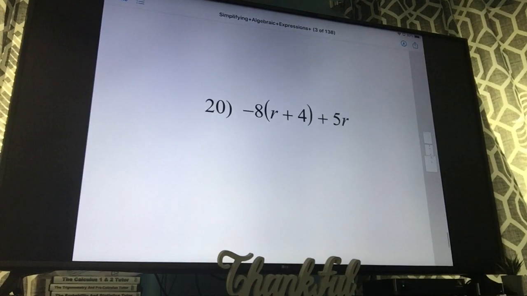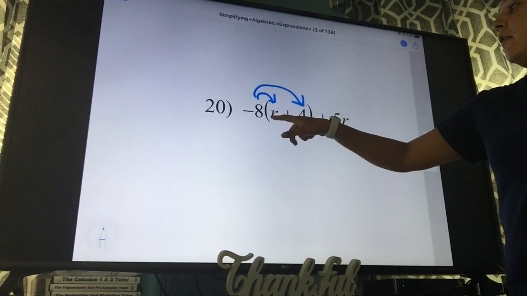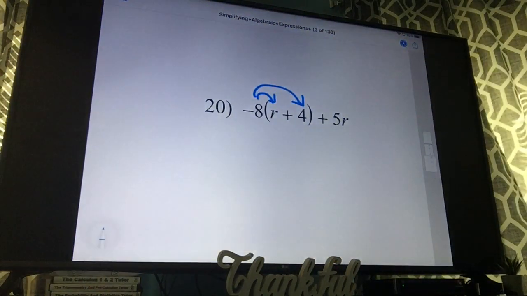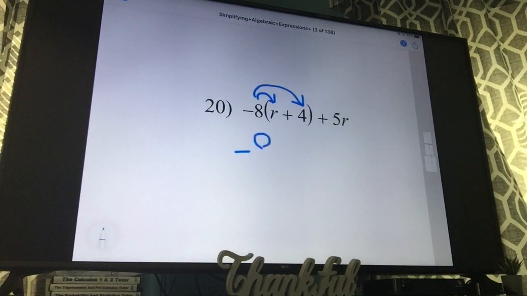Okay, 20. We see parentheses, so we need to multiply. We got boom, boom. So 8 times r, and what's in front of the r? Okay, negative 8 times 1 is negative 8r. Okay, and negative 8 times a positive 4 is going to be minus 32.